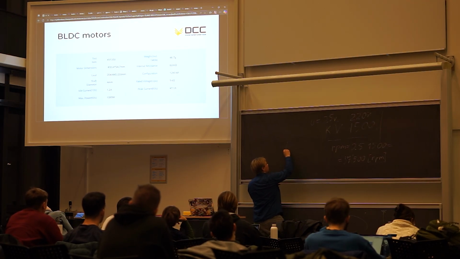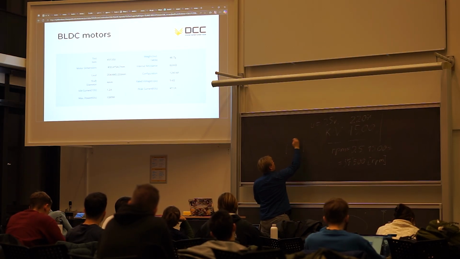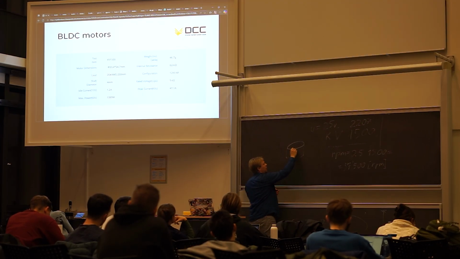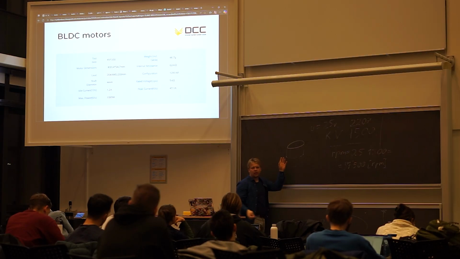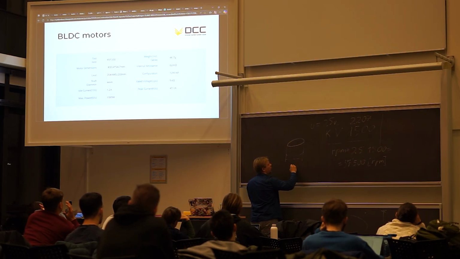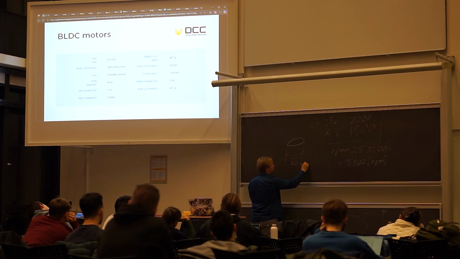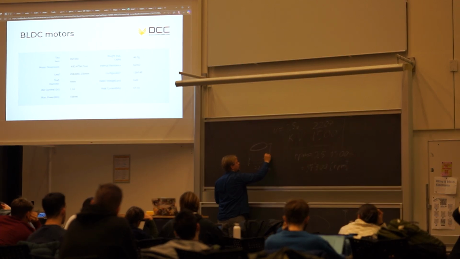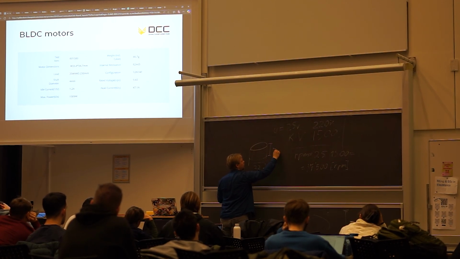Basically, what it means is that's the stator, where you have the coils and the electromagnets. We approximate it as a cylinder. The diameter of it is 22 millimeters, and the stator height is 7 millimeters.